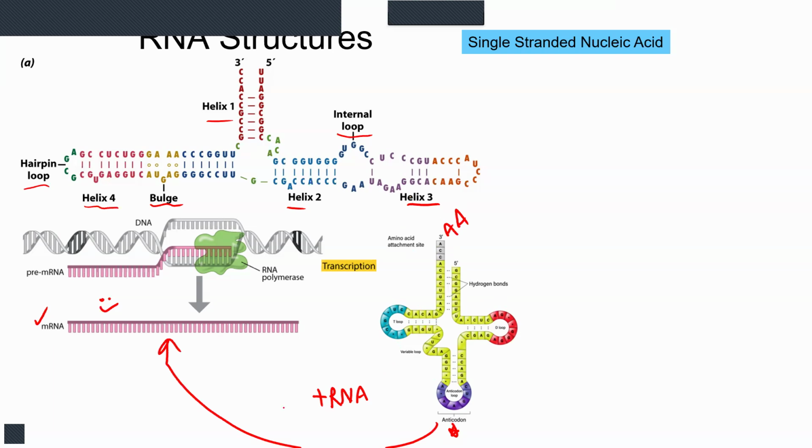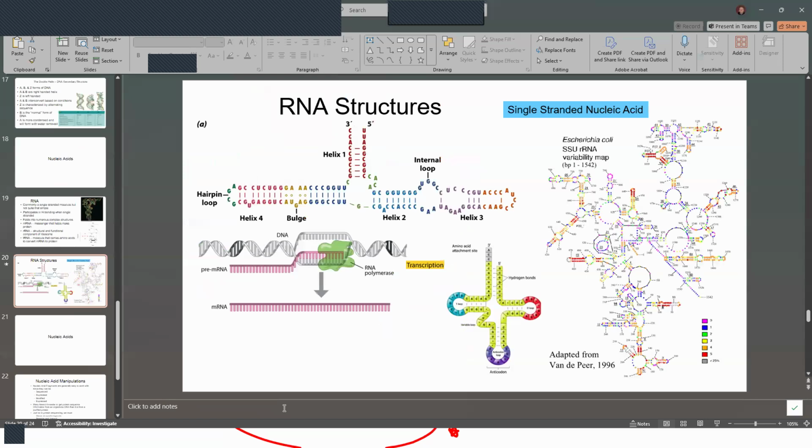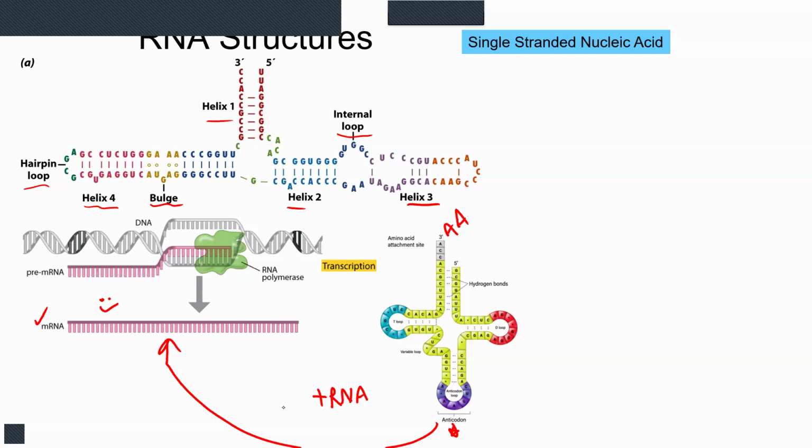It's a little bit complicated, and there are some crazy structures. That's what happens when a molecule can hydrogen bond with itself. There's a lot going on, but it can't get more complicated than that.